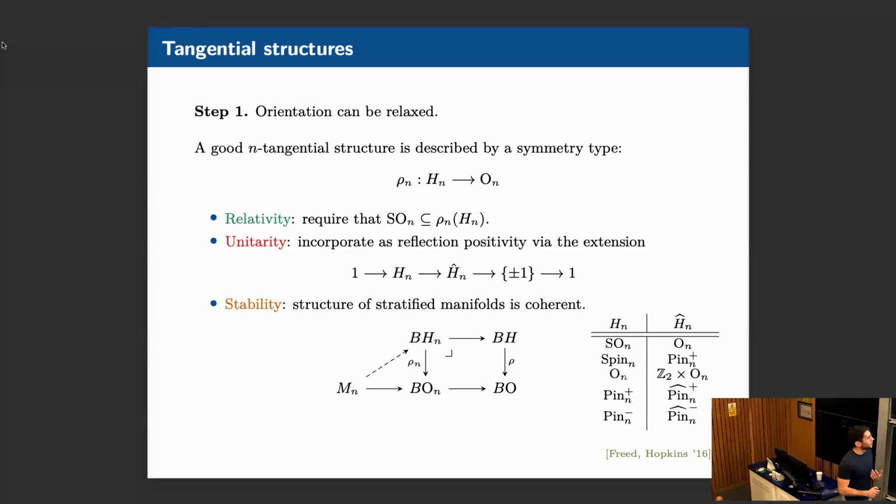So to these rotations, we need to add these reflections. So we need to ask that there exist extensions by Z2 of your group H, which we are going to call H hat. And then there is a technical remark that you want this tangential structure to behave well under changing the dimensions of your defects. But that's not particular.